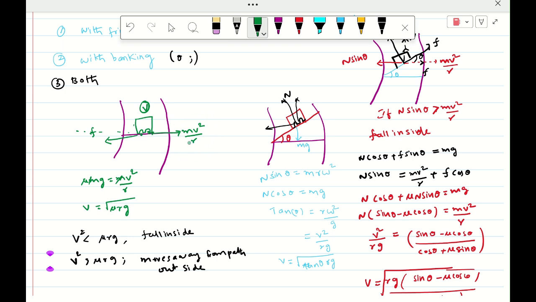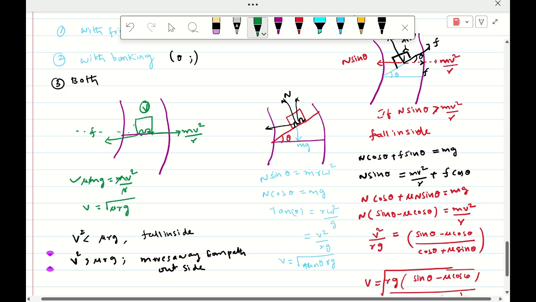If mv square by r means you are moving with more velocity than the required limit velocity, it will go out of the path. That means limit friction is mu mg, and the velocity of your vehicle is compared at that point; this r value is fixed.